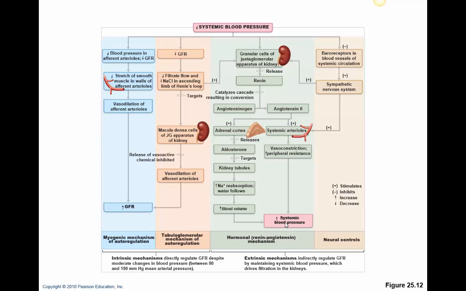So the goal here is different than our intrinsic controls, which are acting only to maintain the glomerular filtration rate within the kidney itself. And then lastly, the other extrinsic control is through the sympathetic nervous system.